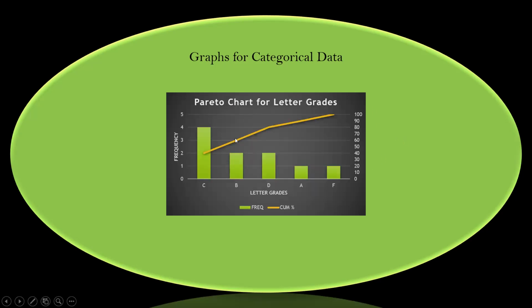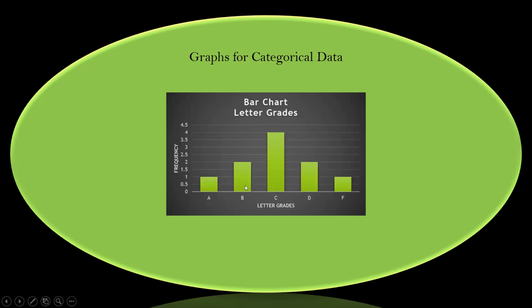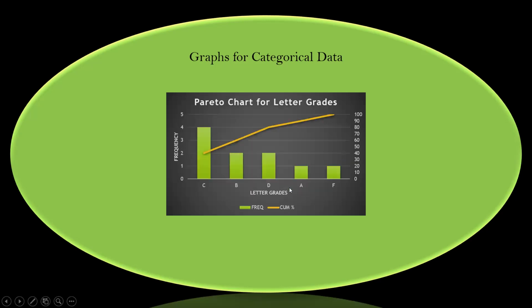Here's an example of a Pareto. Pareto looks a lot like the bar. So we still have categorical data, typically on the x-axis, but we've done two specific things that make it different than the bar. So it does use bars.